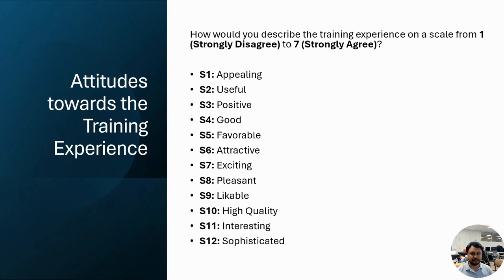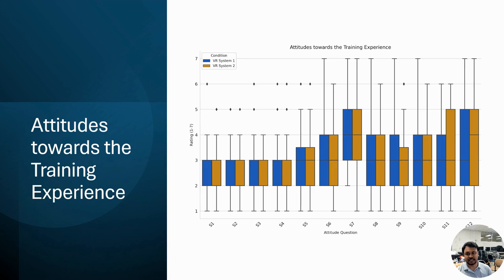S1 is appealing, S3 positive, S9 likable, S12 sophisticated. Let's see the result. Here we can see that for S1 to S4, appealing, useful, positive and good, both VR systems receive modest ratings with a median like 2 or 3, indicating a neutral to slightly negative impression. There are some outliers who highly agree, but that number is few.